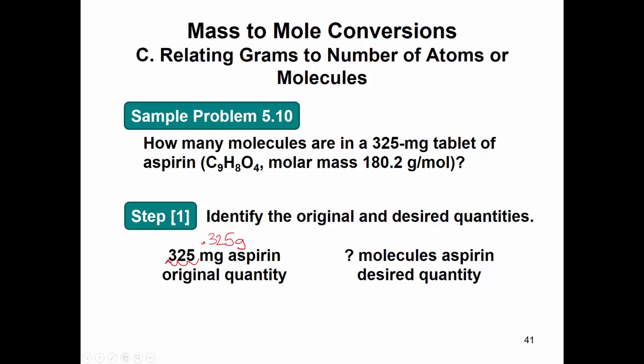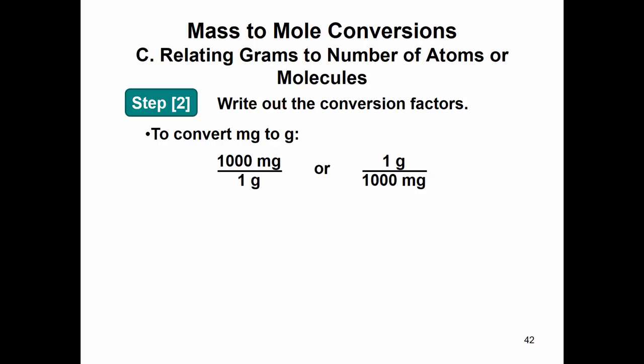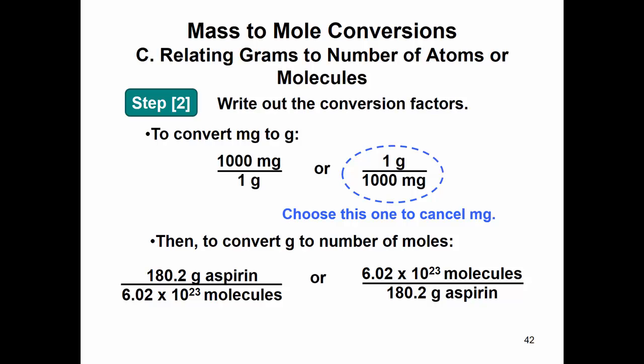All I did was divide by 1,000, which is a simple way. Or you can use the conversion: 1,000 milligrams in a gram, or 1 gram in 1,000 milligrams. In order for it to cancel, you need to divide by 1,000 milligrams.